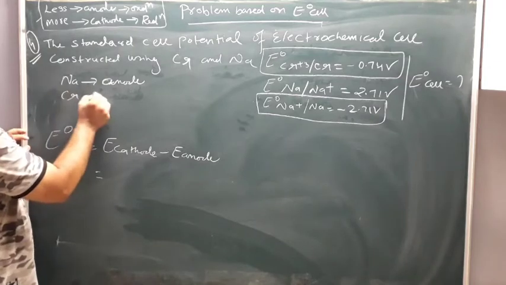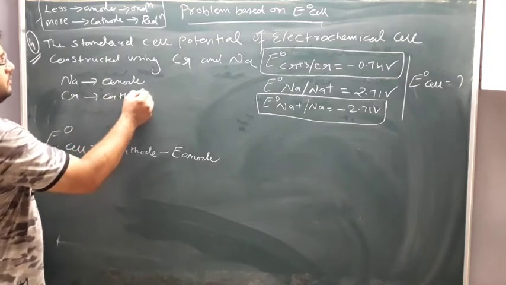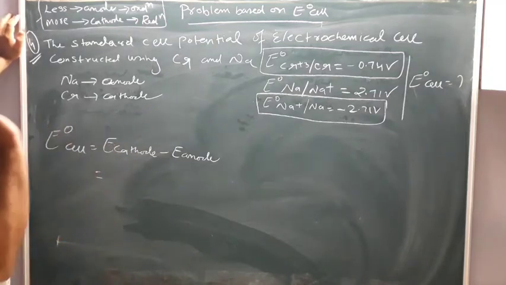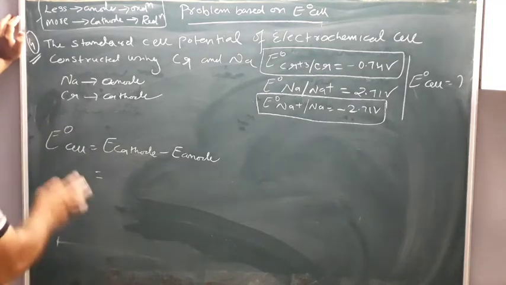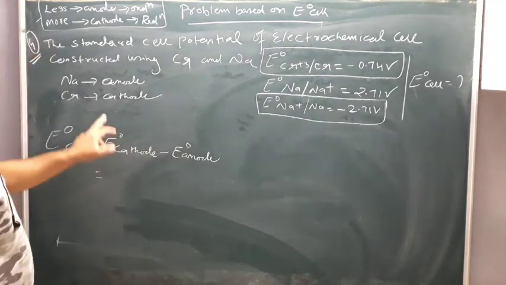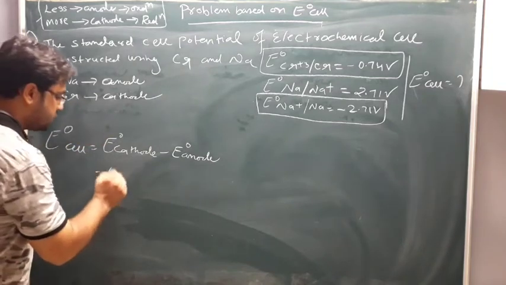Similarly chromium is cathode. Clear? And they have not given the cell reaction or cell representation, nothing. They have just asked you to find E naught cell. So E0 cathode minus E0 anode. Who is the cathode? Cathode is the chromium.